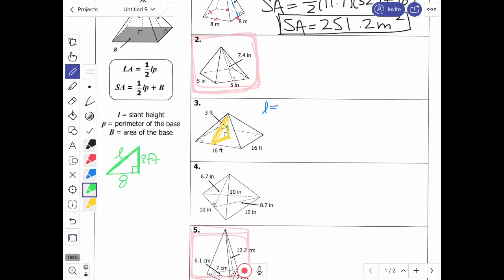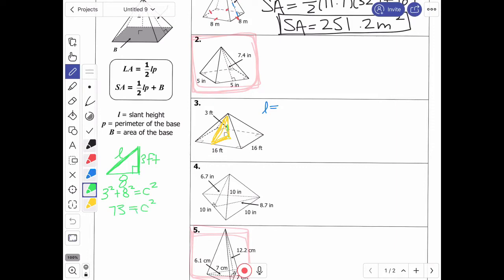And so now I can use the Pythagorean theorem to figure out what my actual slant height is. So I'm going to take 3 squared plus 8 squared equals, you can use c squared or l squared, whatever you want to use. Those are the same thing. And 8 squared plus 3 squared gives me 73.